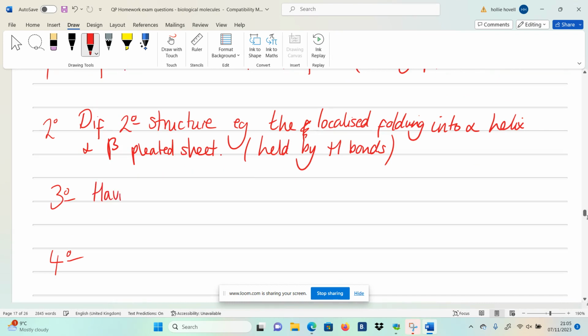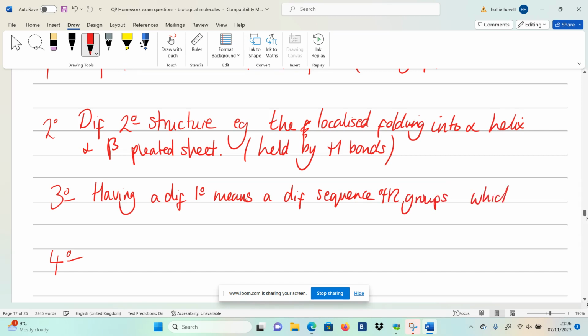So having a different primary structure means a different sequence of amino acids, therefore a different sequence of R groups, which each have different properties and therefore form different bonds, and will make it fold up differently.